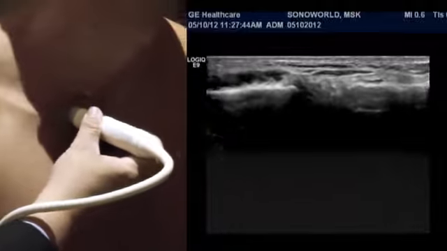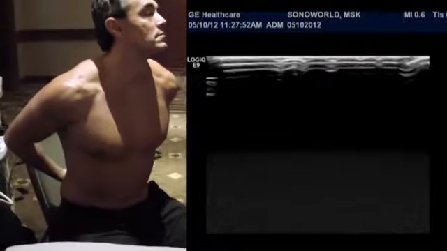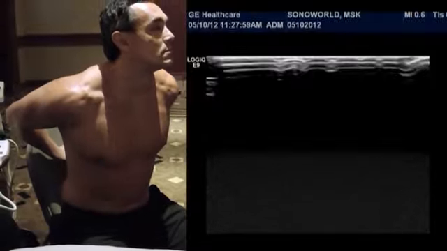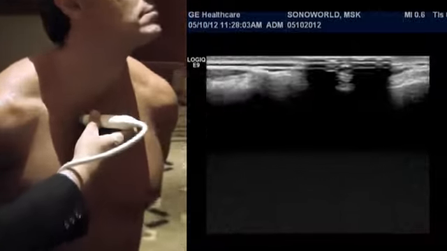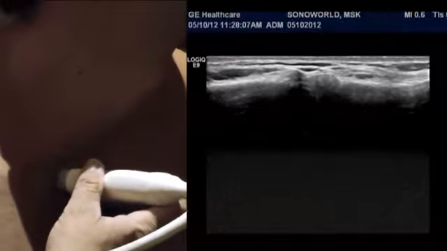The maneuver that we're going to ask from our model is to bring both hands behind him and clasp his hands against his back. And then we're going to be asking him to lift his hands off his back, and that should put stress on the sternoclavicular joint. So he's going to go back where he has his hands clasped behind him, and it's going to be pressed against his back.